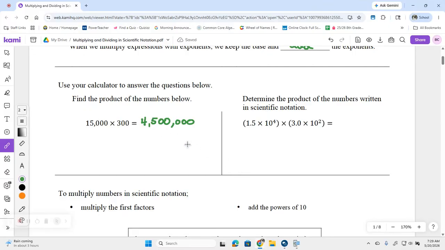We can turn that number into scientific notation. So 4,500,000 is going to be 4.5 times 10 to the 6th power.